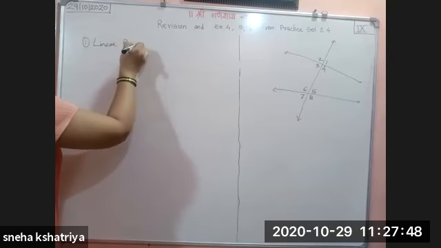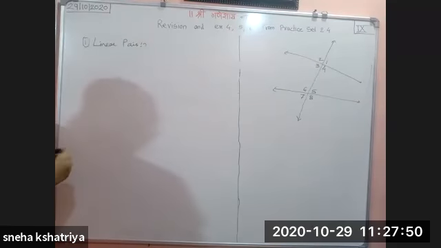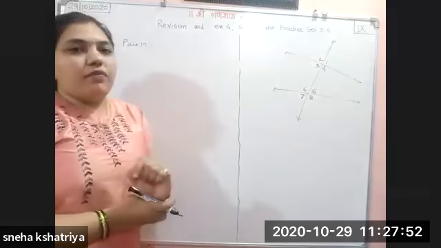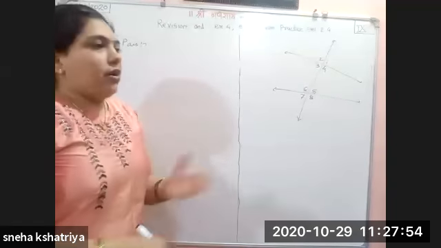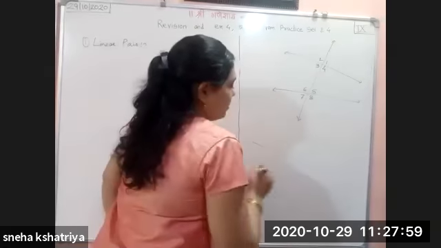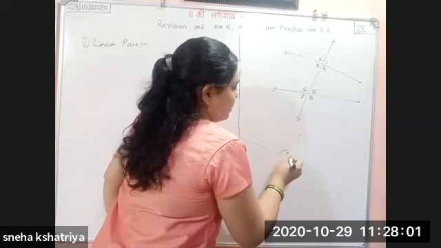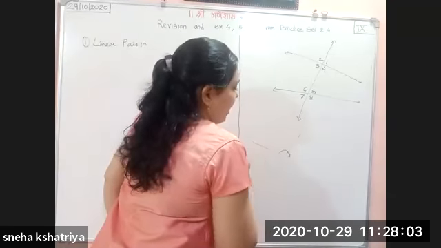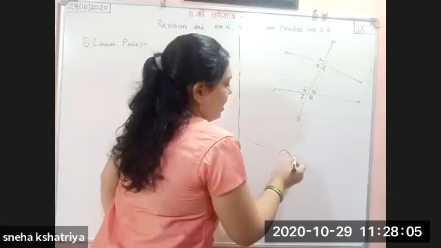Now, what are the linear pairs? Linear pairs means angles which form on a single line. A simple line is there and a transversal cuts it. Then whatever angles form here, these two angles are your linear pair.